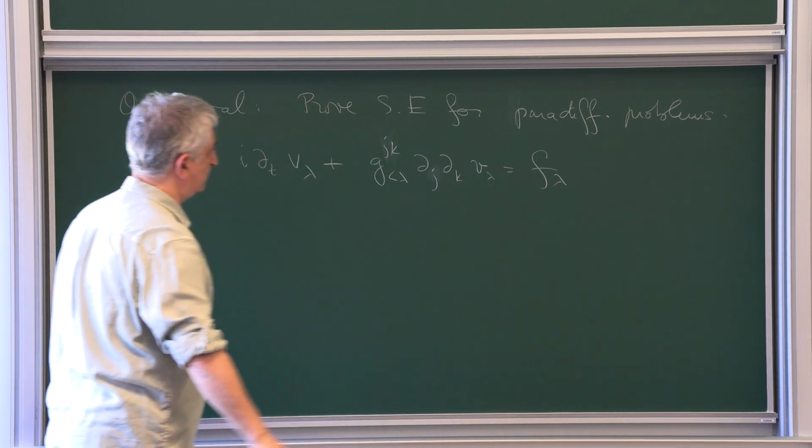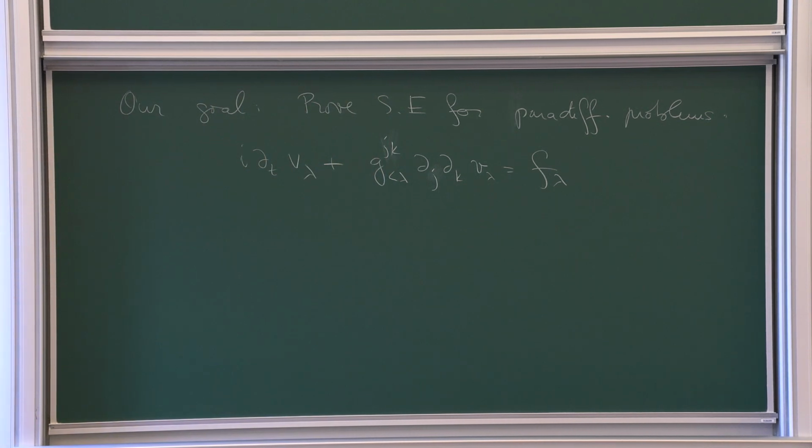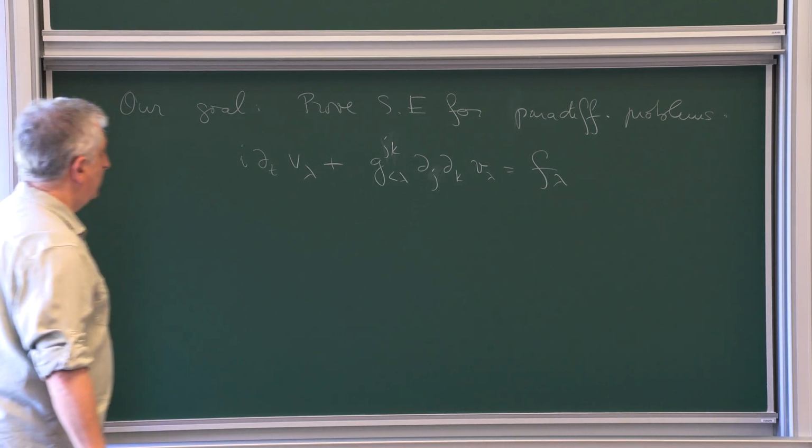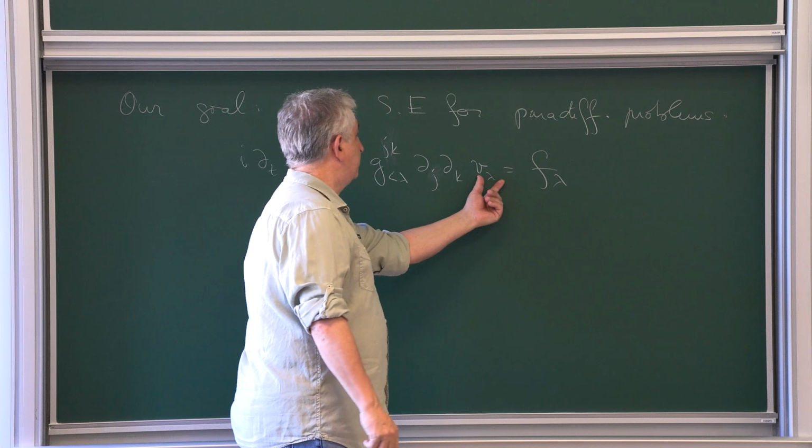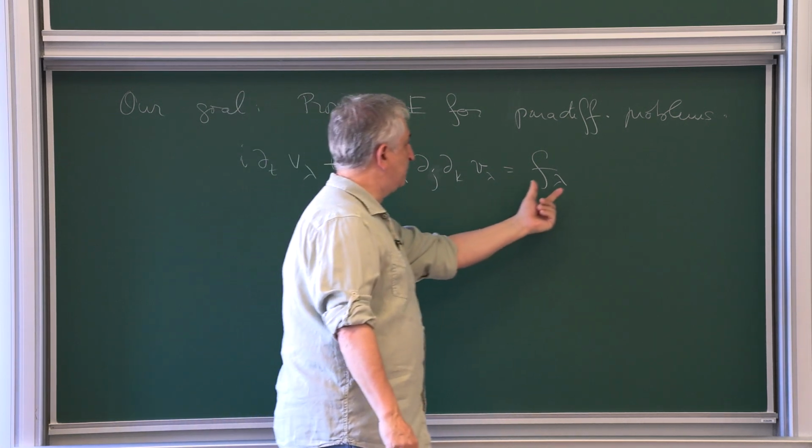So we also want to allow a source term, and that source term, you saw maybe the last two times, we have many choices for what we want to put in there. So lambda is the frequency where the solution is localized, where the source term is localized.